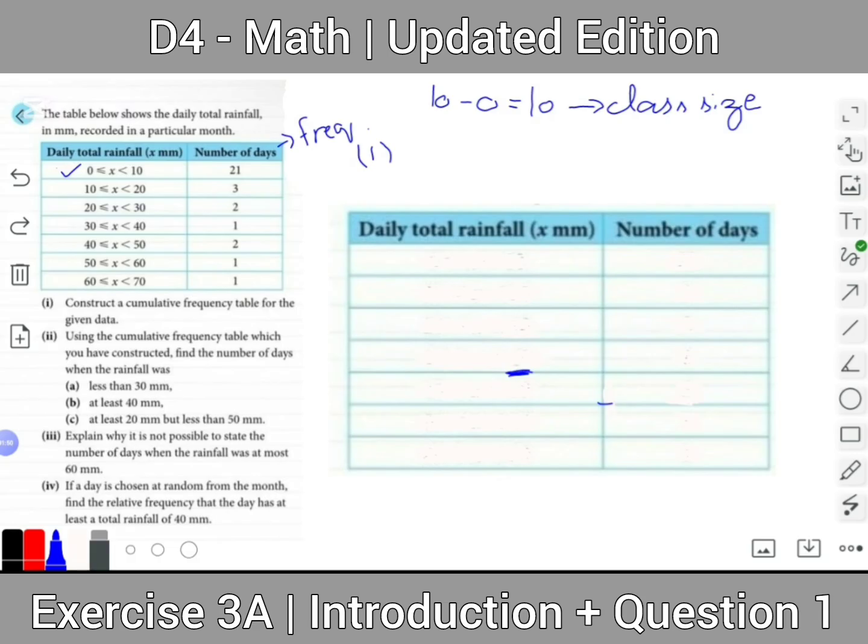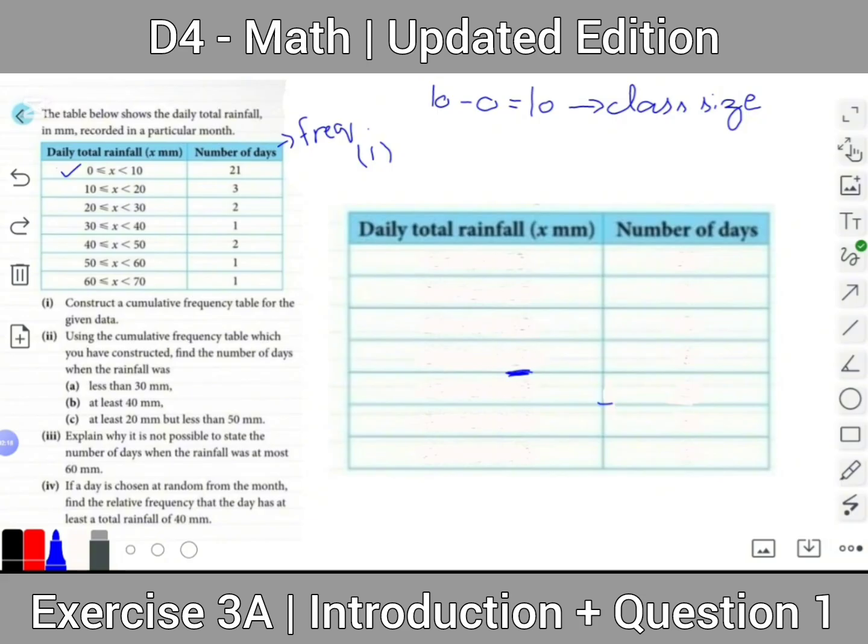But the rate frequency is nothing but the rate at which something occurs. That means for 21 days we have a daily rainfall of 0 to 10 millimeters. For 3 days we have a daily rainfall of 10 to 20 millimeters and so on.